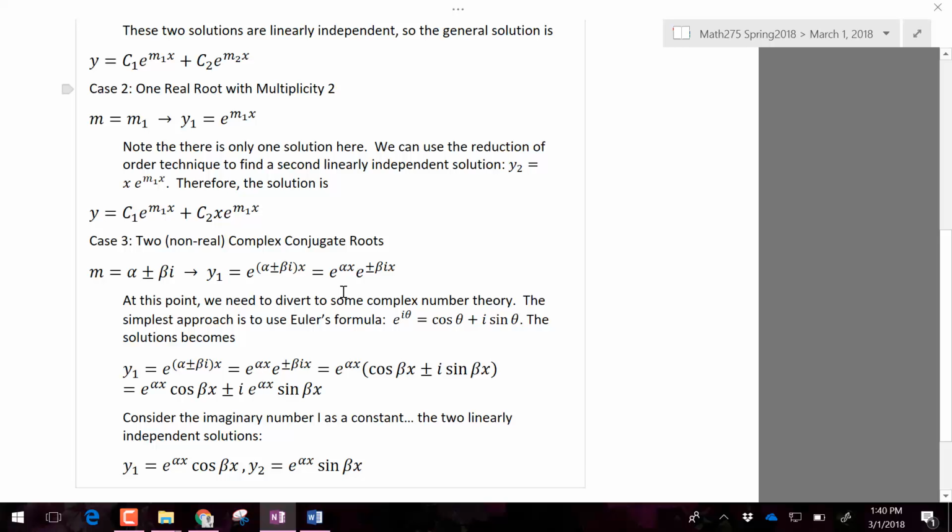Technically, it's one root with multiplicity 2. In that case, your first solution is e to the m1x, but then by the reduction of order process, it works the same way every time, the second linearly independent solution will just be x times e to the mx.